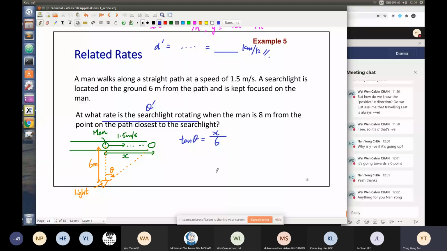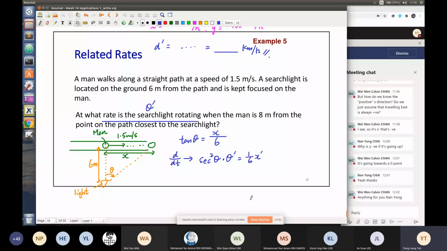Once you have interpreted this, obviously we want our theta here. So you can do a tangent inverse, or you can just do implicit differentiation. Maybe it's easier to differentiate tangent in this case. So therefore, I'm just going to have d dt. Differentiating tangent, I'm going to get secant square theta, then chain rule theta prime is equivalent to 1/6, a constant, x prime.